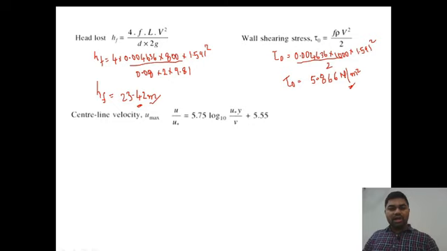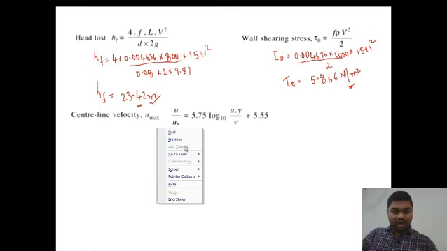Now, let us calculate center line velocity. The center line velocity occurs at y equal to R, at the center line of the pipe.